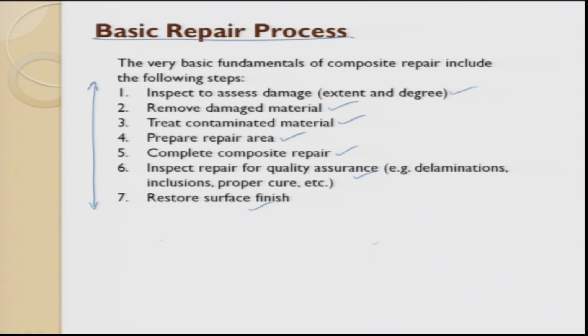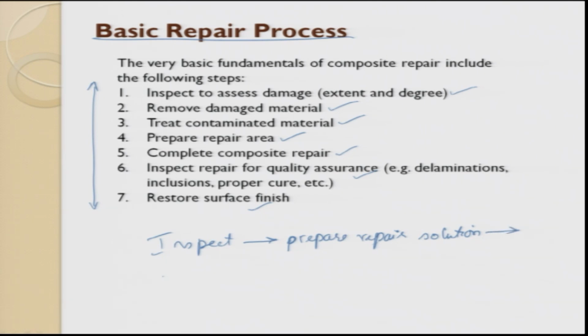So, first, if you want to write it down, it is inspect, and then we try to make a strategy, or we try to prepare a repair solution or mat or whatever it is. And then from there, what do we do?